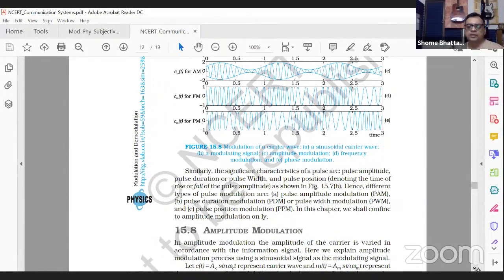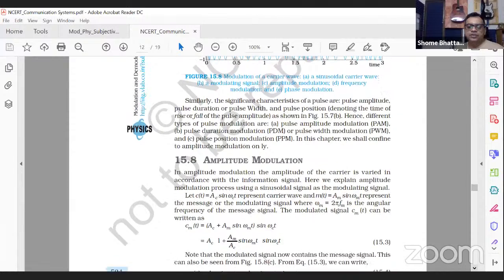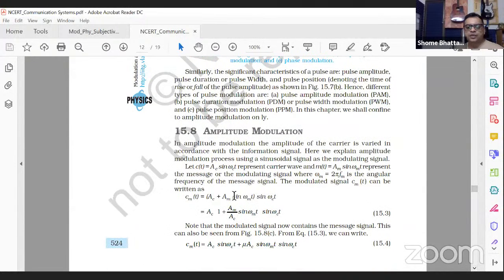Okay. And finally, the same mathematics of the amplitude modulation which we had talked about earlier. This term here should have a bracket. I've taken this common from here.